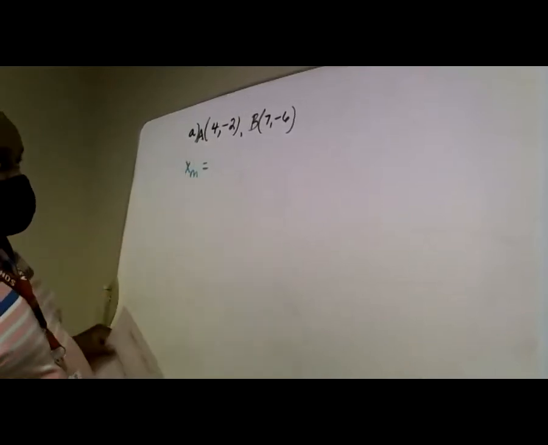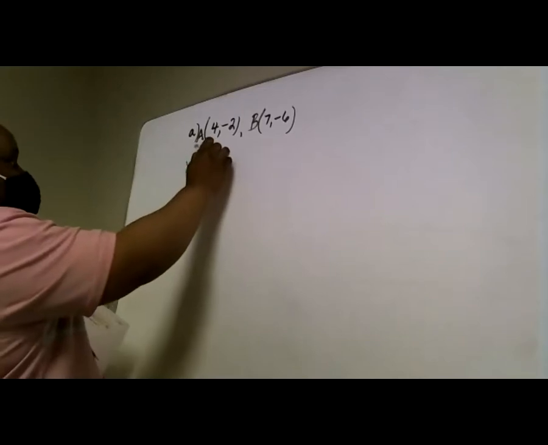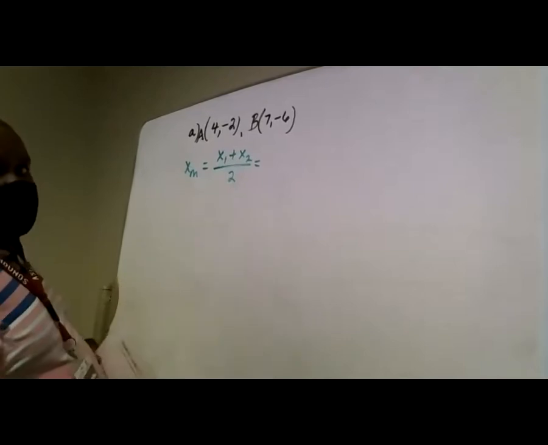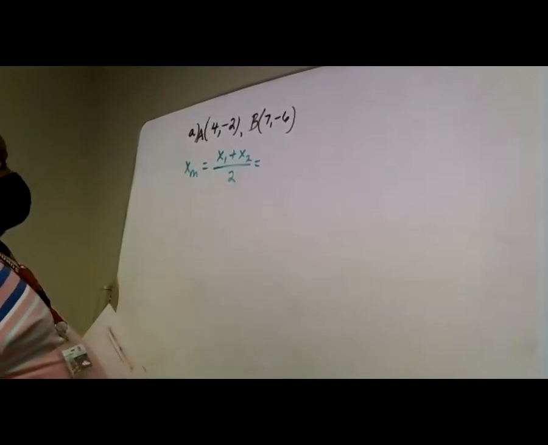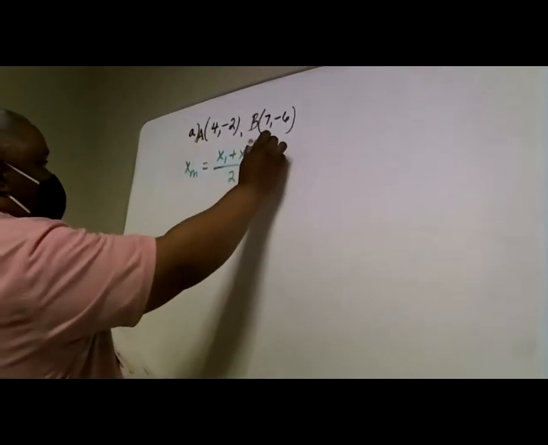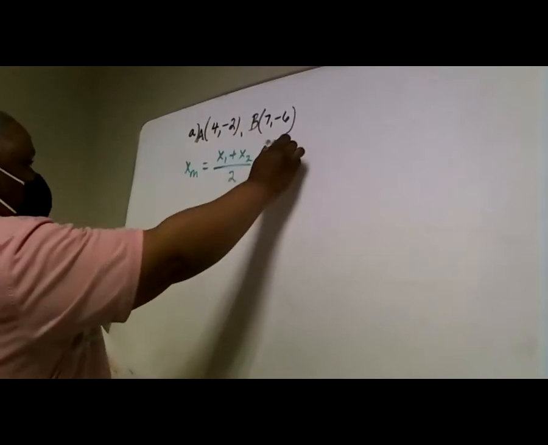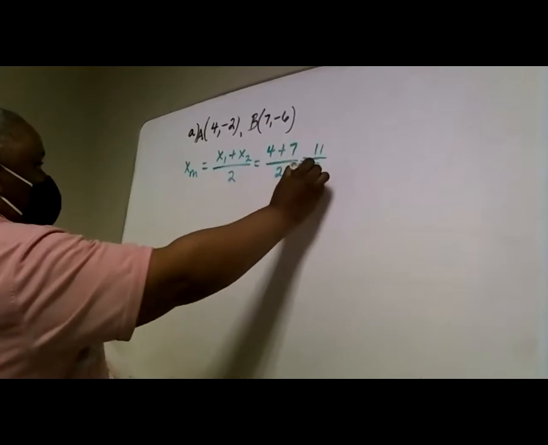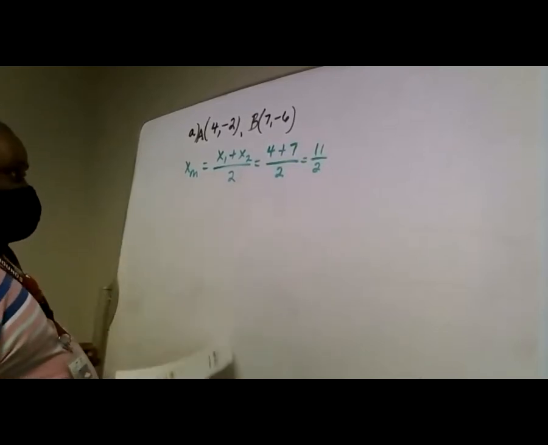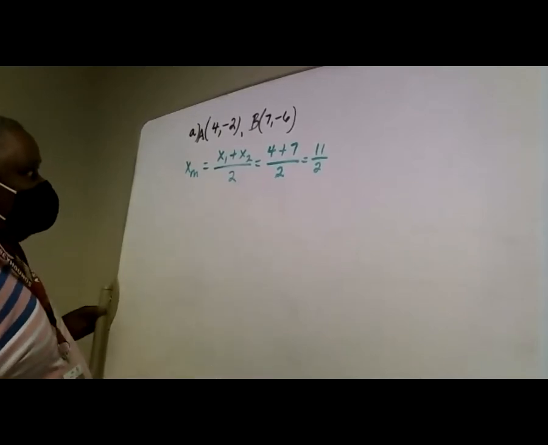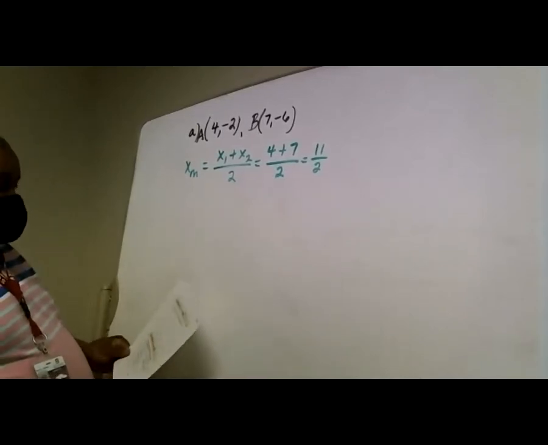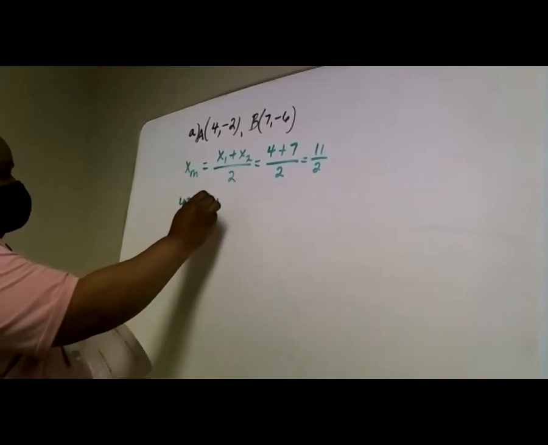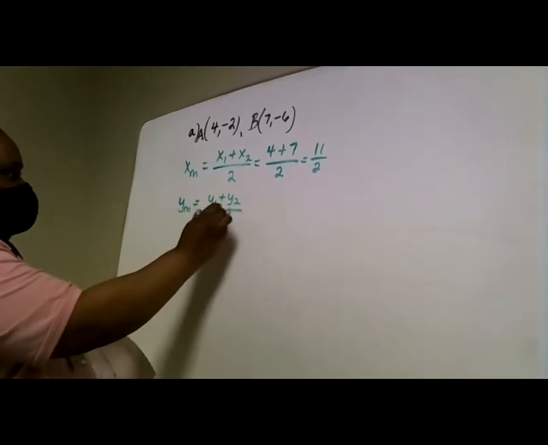So for the X coordinate of the midpoint, we do X1 plus X2, divided by 2. So here, X1 would be 4, and here's X2, that's 7. So 4 plus 7 would be 11, and we'll leave that as 11 halves. And then the Y coordinate of your midpoint, that's Y1 plus Y2 divided by 2.